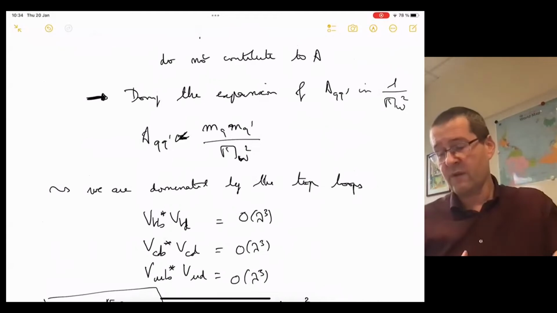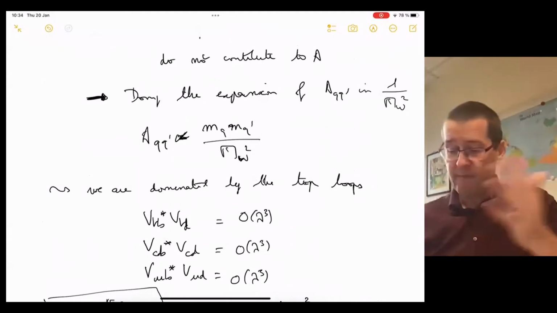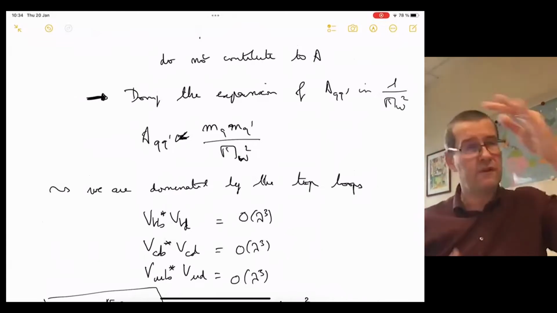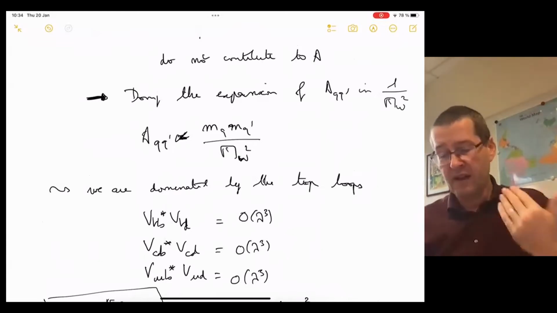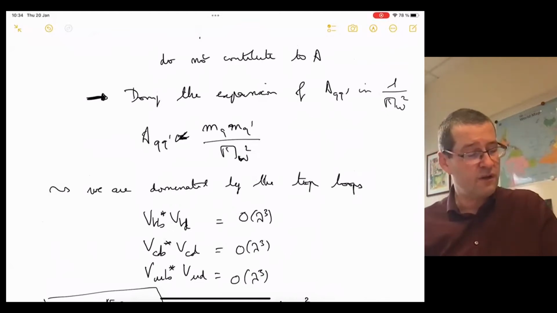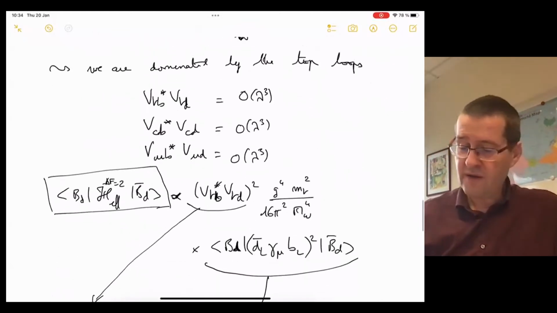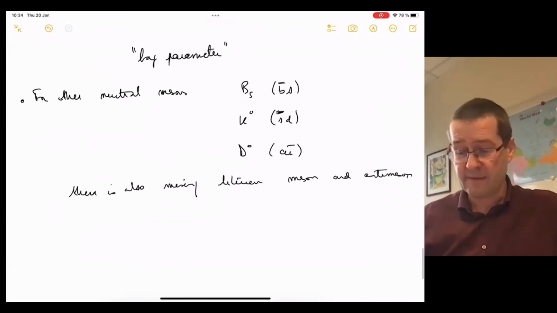We saw that there was a clear dominance coming from the masses because of the top quark, but we do have similar contributions from the CKM point of view. And so that means that we were able to single out the top quark contribution in the discussion of the BD transition. Now, the situation is not necessarily the same for the other cases.